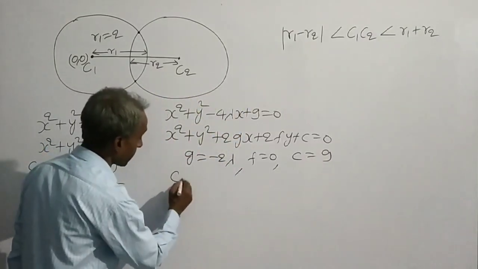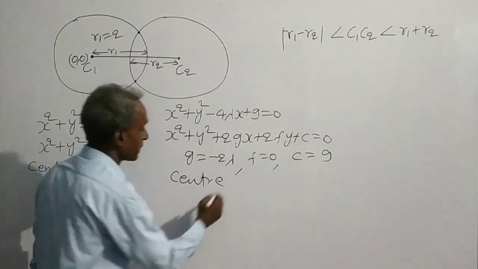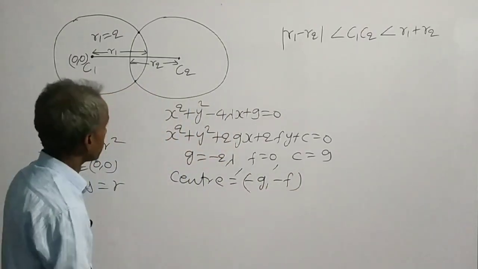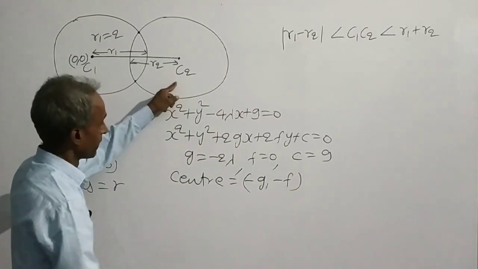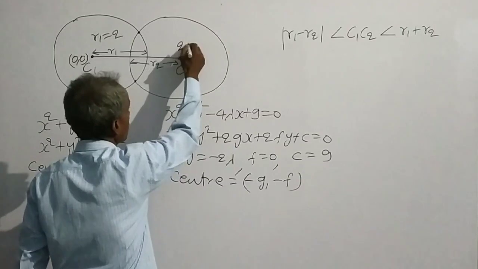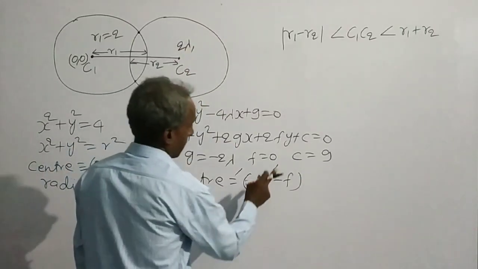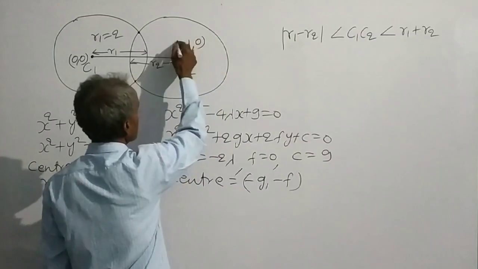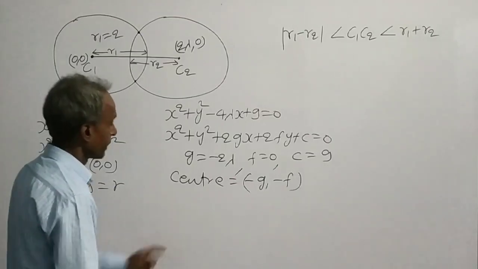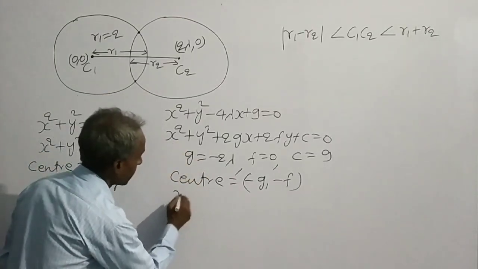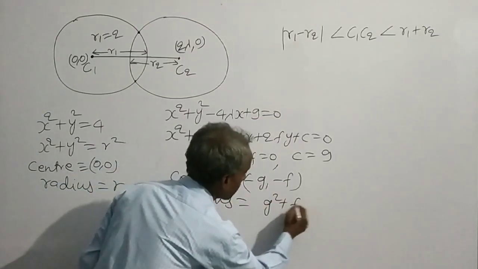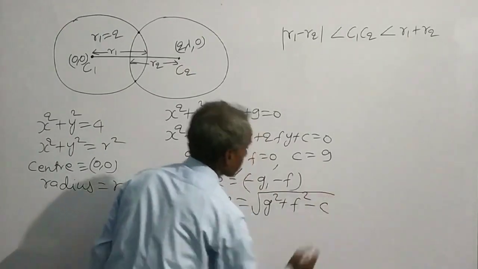Center of this circle is minus g, minus f. Therefore, C2 will be minus of minus 2 lambda, that means 2 lambda, and minus 0 means 0. Center will be 2 lambda, 0. And R2, radius of this circle, is root under g square plus f square minus c.